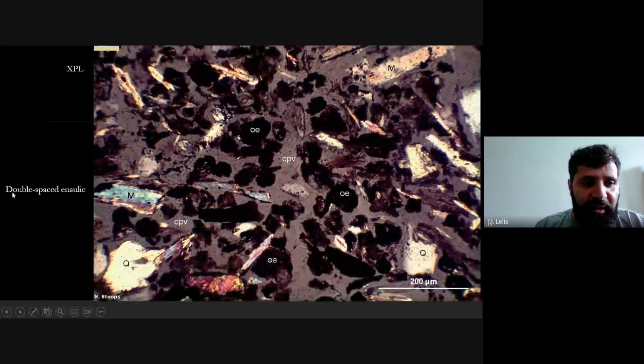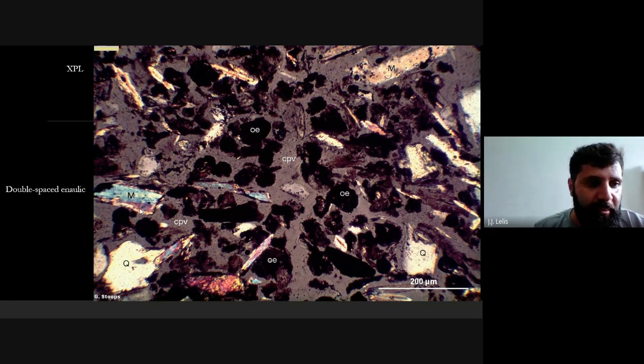It could be defined as double-spaced enaulic if the distance between the coarse grains is higher than half and less than one size of the coarse grain. So, okay, if the mean coarse grain size is 2 millimeters, and the distance between them is more than 1 and less than 2 millimeters, it's more than half of the size but less than the median size of the coarse grains.